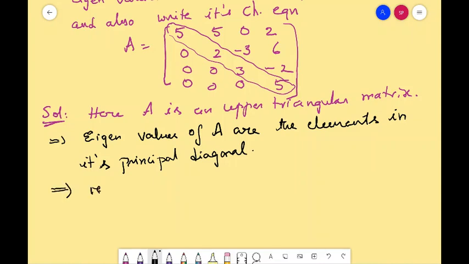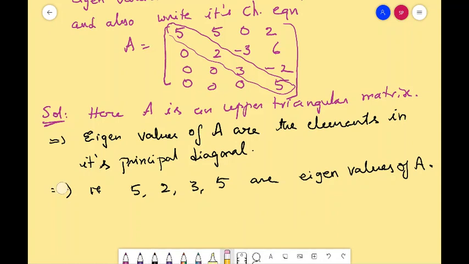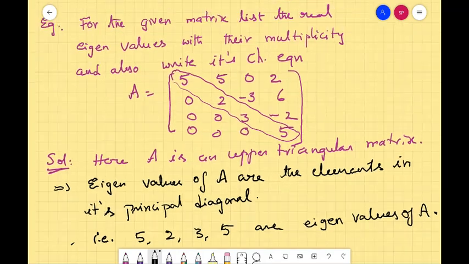That is 5, 2, 3, 5 are eigenvalues of A. So we didn't calculate anything like the characteristic equation or polynomial; since it is an upper triangular matrix, we have directly written that the principal diagonal elements are the characteristic values. Now something else is also given.